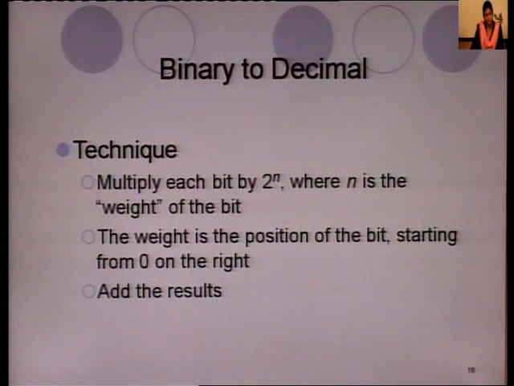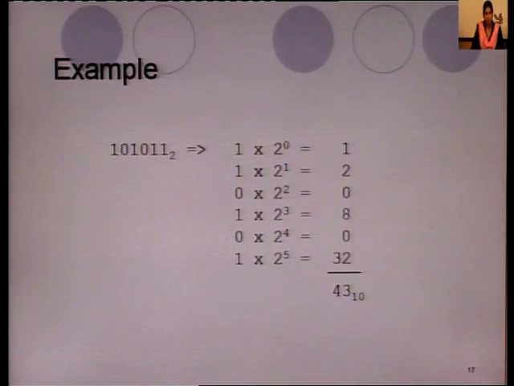In binary to decimal conversion, multiply each bit by 2 raised to power n, where n is the weight of the bit. The weight is the position of the bit starting from 0 on the right. Then add the results. For example, we have the string 101011 having base 2, and we multiply each bit by 2 raised to power n.